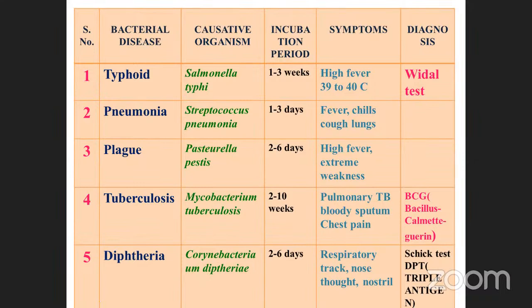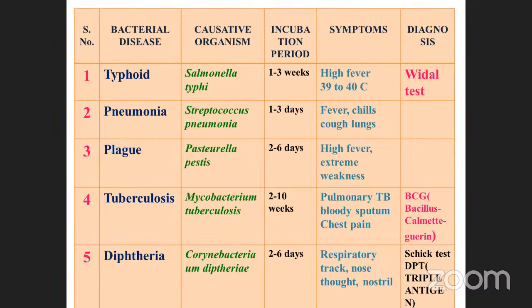Next, pneumonia. Pneumonia is a bacterial disease caused by Streptococcus. Bacillus or coccus? Coccus here. Incubation 1 to 3 days only. Symptoms: fever, chills, cough and lungs. There is no specific diagnosis. Plague: Pasteurella pestis, 2 to 6 days, high fever, extreme weakness.